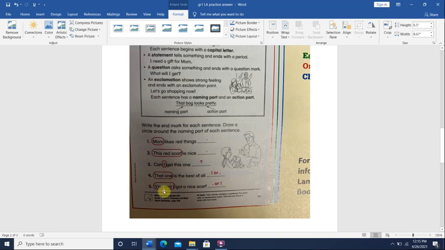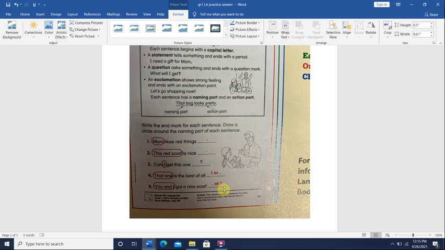Okay. You and I got a nice scarf. Again, it can be a statement or it can be an exclamation. You can be talking to a friend and saying we both got nice scarves, or we can say, wow, we got a really nice scarf.